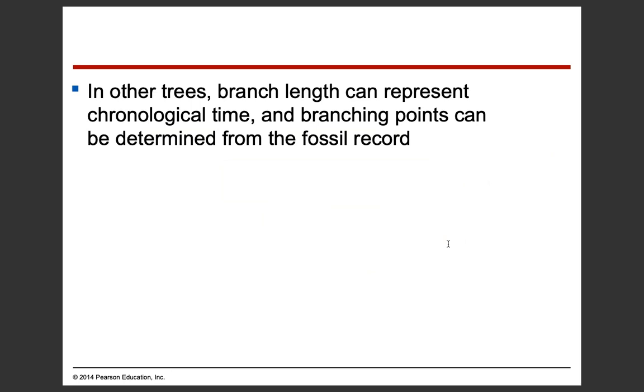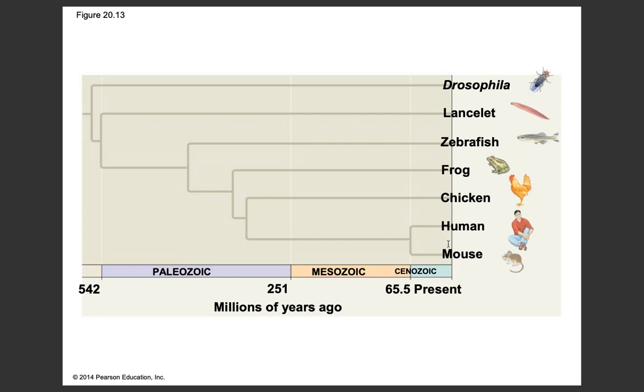Okay, so in other trees, remember, different types of trees, branch length can represent chronological time, so actual time, and branching points can be determined from the fossil record. We use our fossil records to fill in intermediates of what we know to be an extant or an extinct organism. So that's an example here that these branch lengths indicate time.